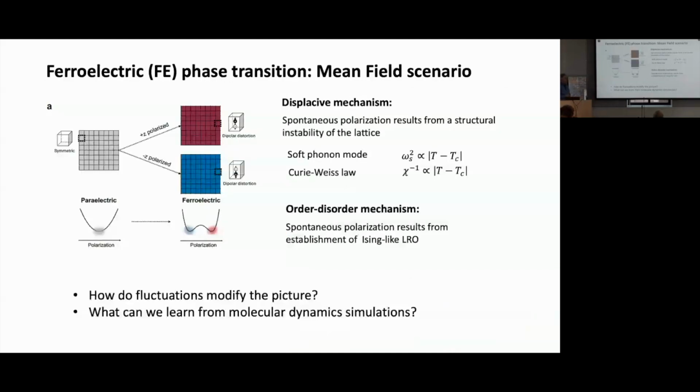Now, the ferroelectric phase transition can be described within mean field theory as a rather simple example of broken symmetry of an order parameter, which in this case is the polarization.